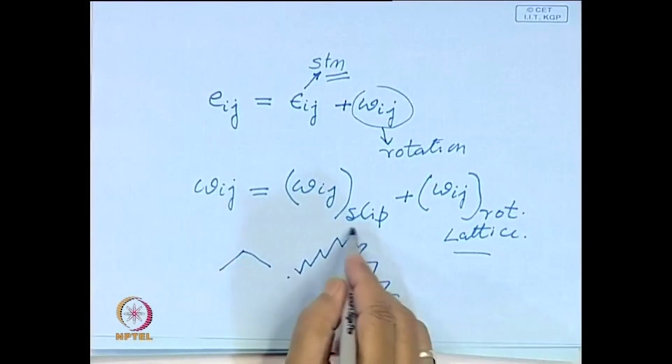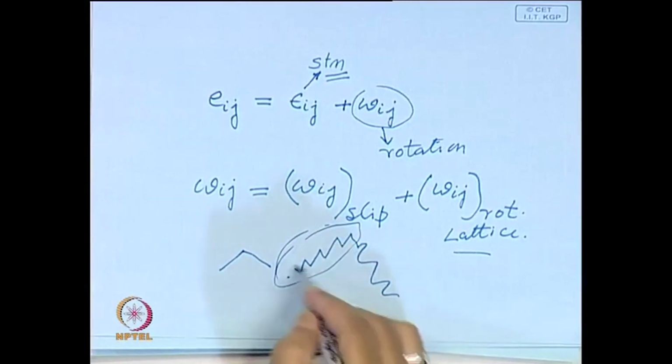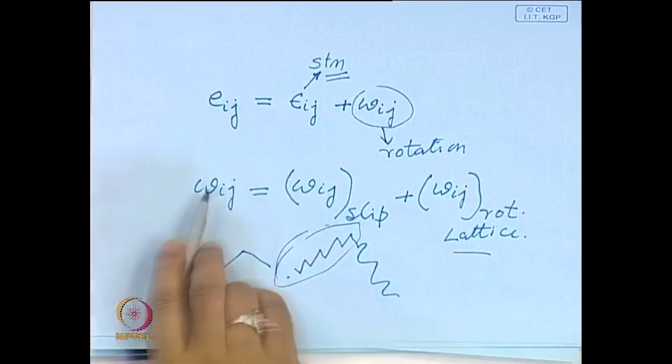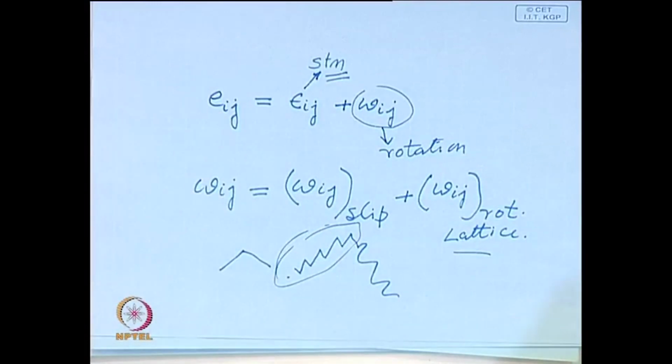If it is serrated, then the sliding will be more difficult. If it is smooth, it is easier, so it depends on the nature of the grain boundary or interface.